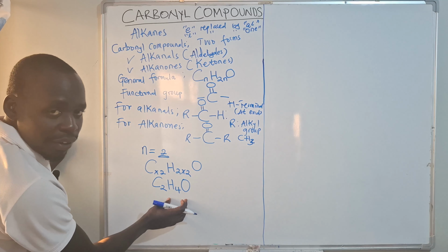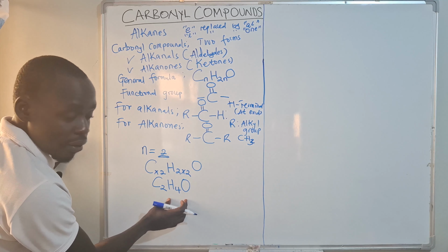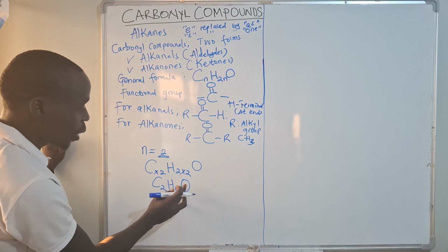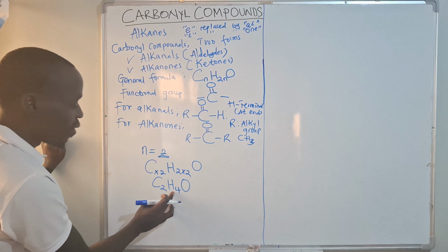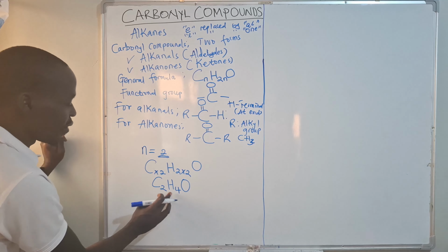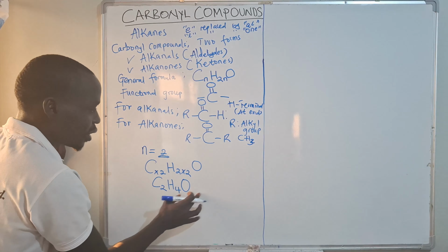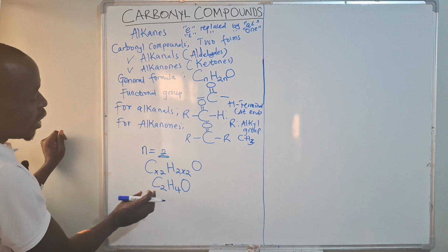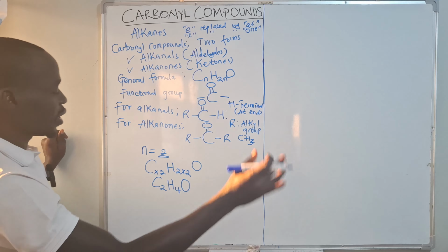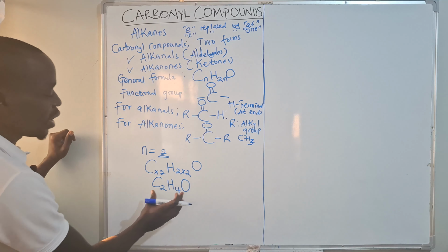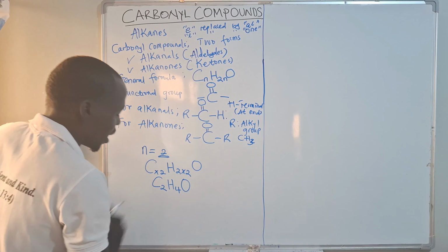This one here, if you have been following, is what we call the molecular formula. It's just showing the number: oxygen is 1, hydrogen atoms are 4, carbon atoms are 2. So this is just telling us the number of atoms, and because of that, we call this the molecular formula.